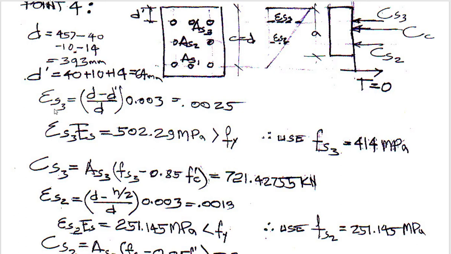Ang una nating i-equate is strain 3. So strain in steel 3 is equal to d minus d prime all over d times 0.003. This equation came from similar triangles.